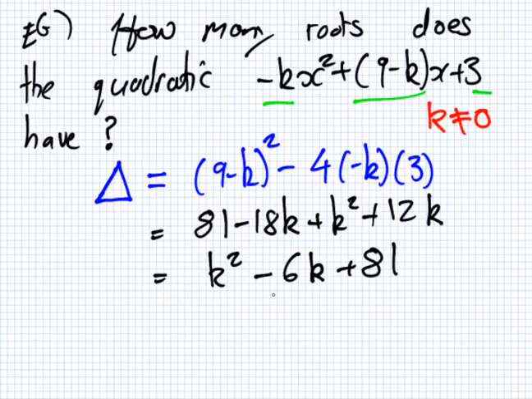So again, I'm not telling you what the k is, so you don't know exactly what the quadratic is. But again, you do know at least one thing about k. What's that? It's not 0. Again, because of this part here. So what I want everybody to try is to find how many roots this one has.